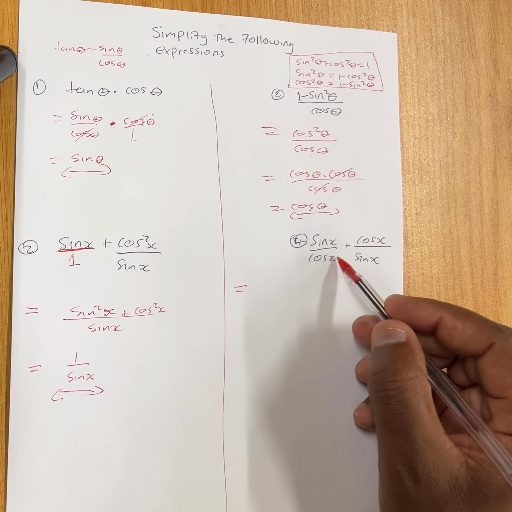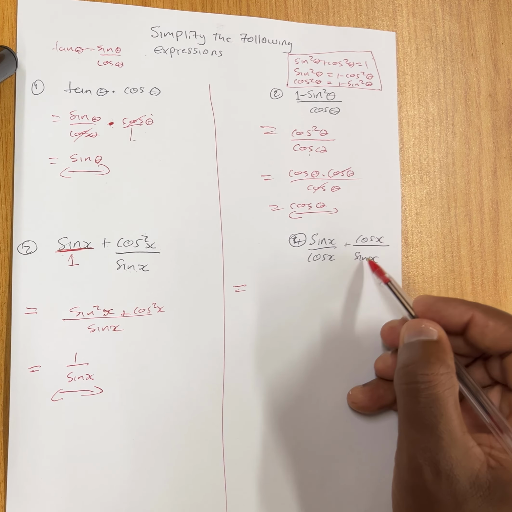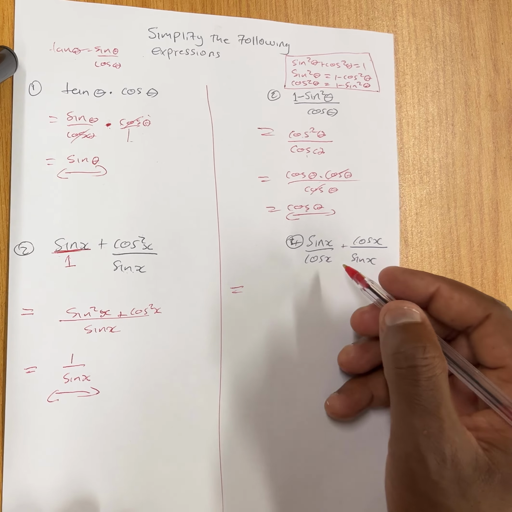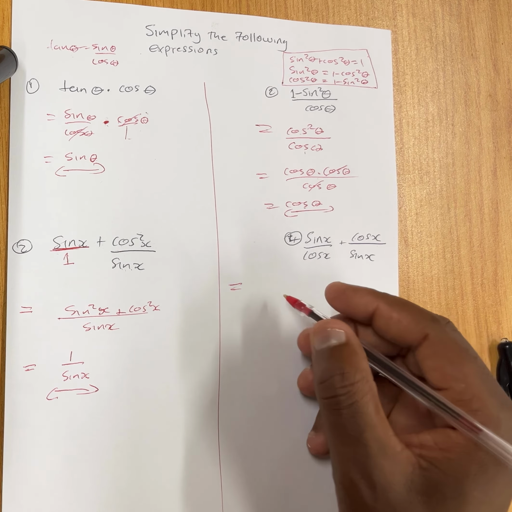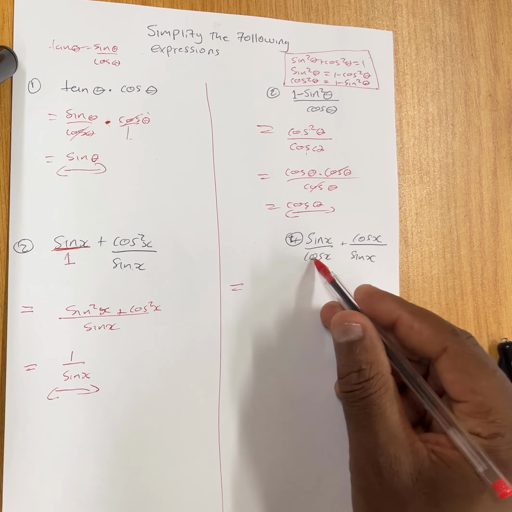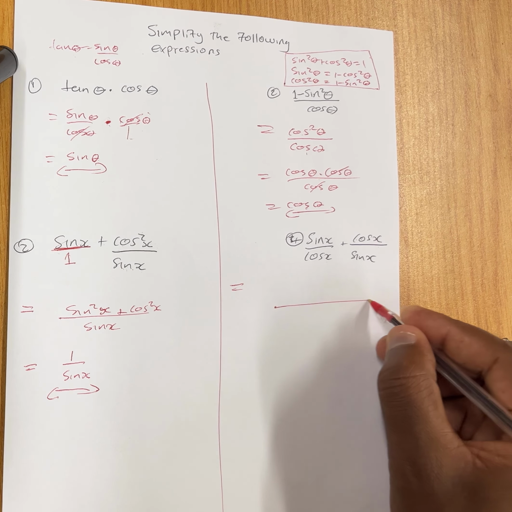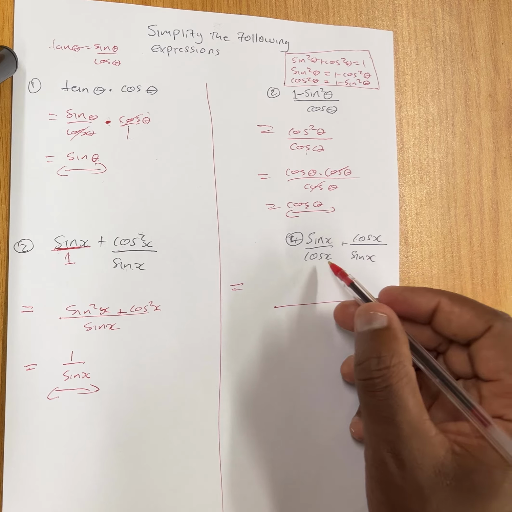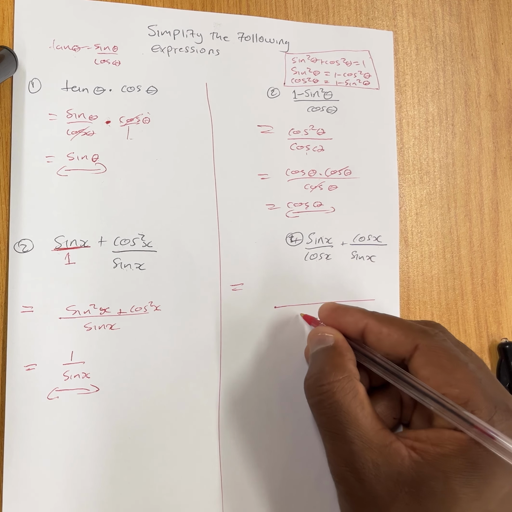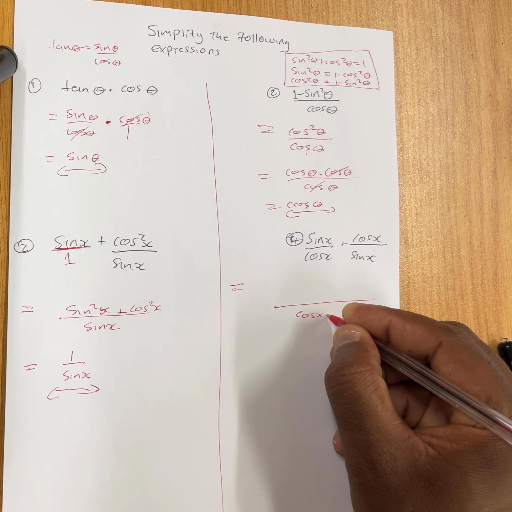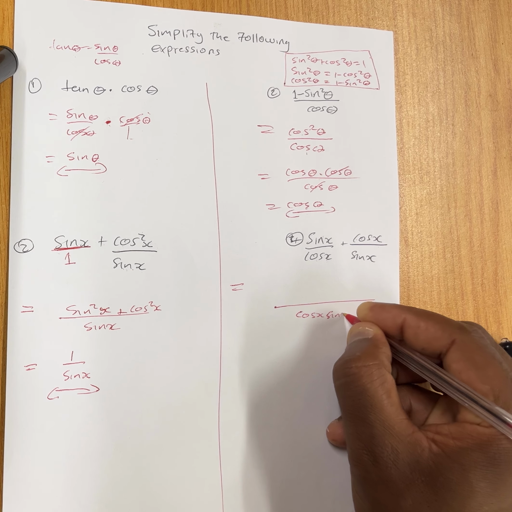Sin x divided by the cos of x plus cos of x divided by the sin of x. So in this case now, you need to multiply the denominators, because we are dealing with two fractions here. Cos x times sine x is cos x sine x.